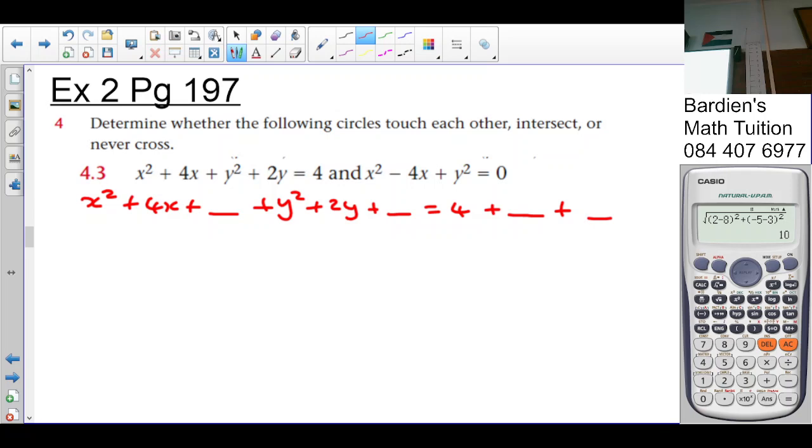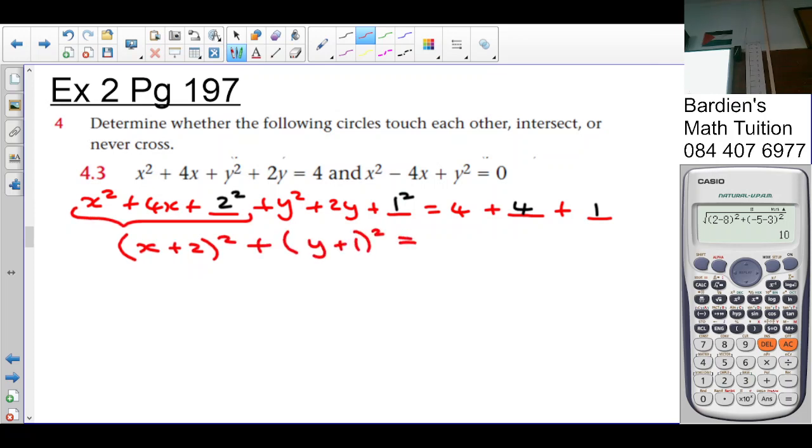What is going to be the number we're going to add here? In the first case, it's 2 squared, which is 4. And the second number is 1 squared, which is 1. So this is going to be (x plus 2) squared plus (y plus 1) squared equals 9.